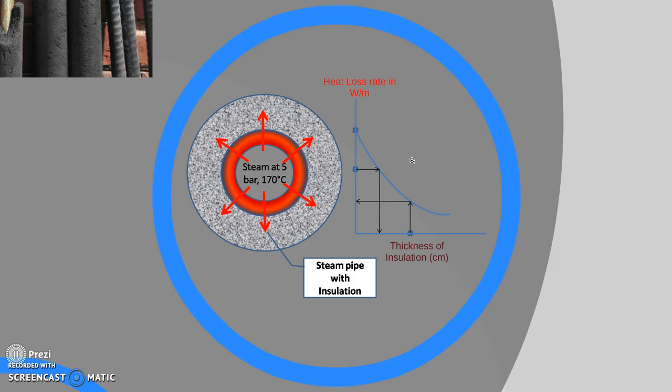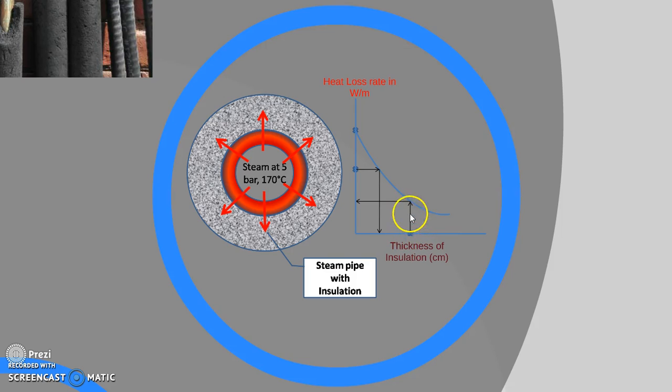The first way we'll consider is that the heat transfer engineer is posed with a problem where he is asked to calculate how much the heat loss rate will be for some particular thickness of insulation. So let us say that I have provided 3 centimeter thickness of insulation, and with this 3 centimeter thickness, how much the heat loss rate from system to the surrounding will be has to be calculated. So he will mark this particular thickness of insulation, 3 centimeter.